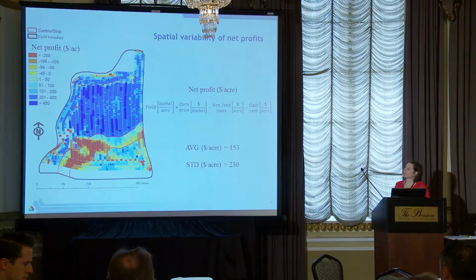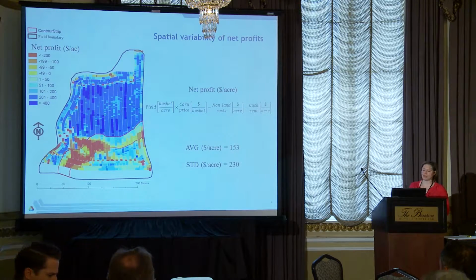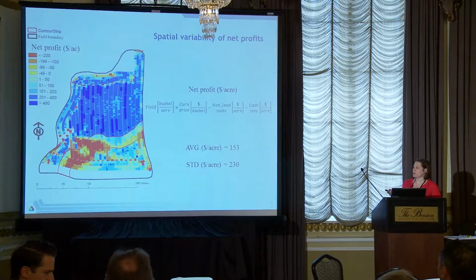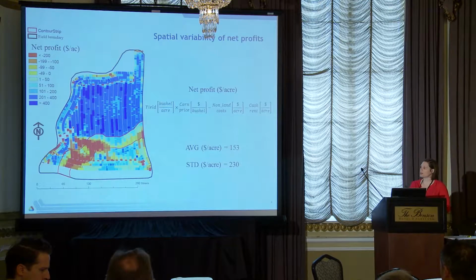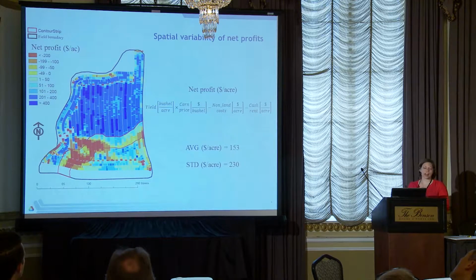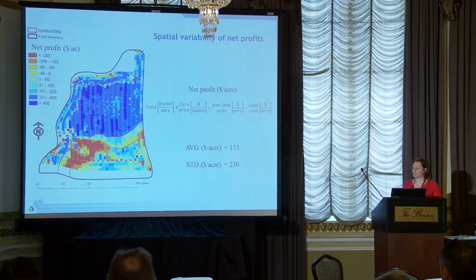And Tim yesterday alluded to this. So this is the spatial variability of net profits for corn grain in our field site prior to any conservation practice implementation. Actually, last week I learned that Iowa State University is doing a very similar analysis statewide in Iowa, and found the same results, where the same areas that are underproductive time after time are still underproductive year after year.